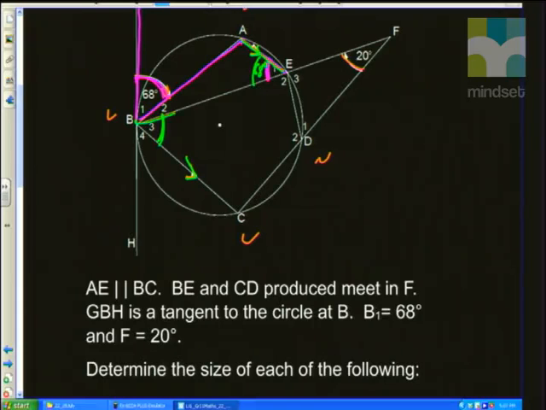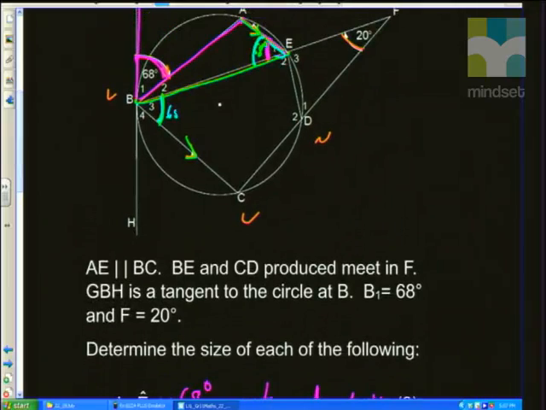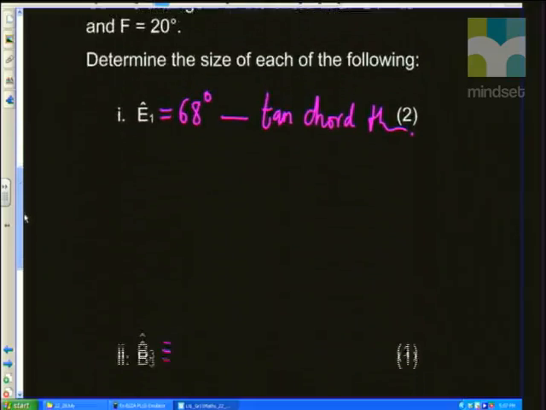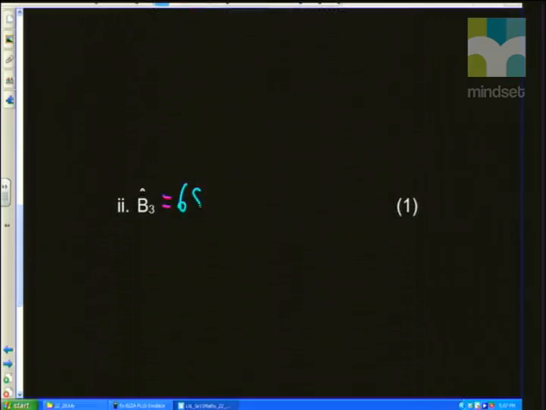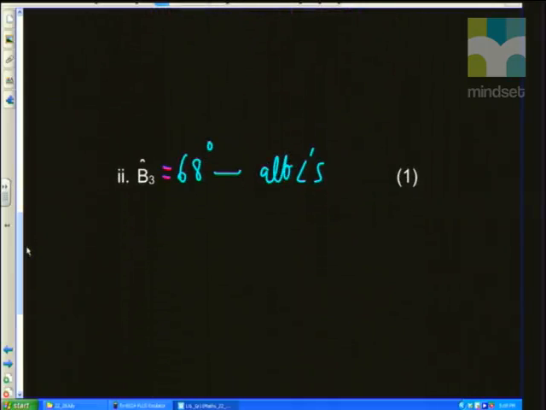And if you look, remembering your grade 8 geometry, this forms a Z shape, okay? So this and that, we call those alternate angles. So this one will be 68 as well. So you conclude by saying B3 is 68 degrees, alternate angles, because AE is parallel to BC.